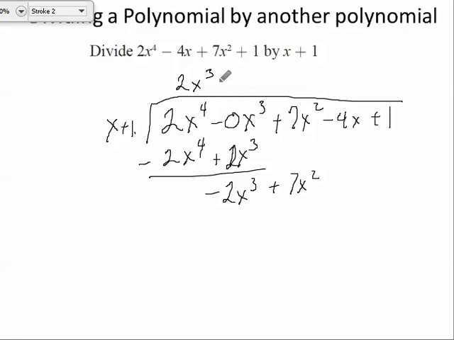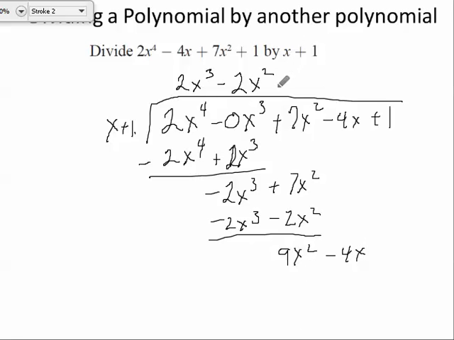So I'm going to have to multiply by minus 2x squared. Why? Because minus 2x squared times x gives me a minus 2x cubed, and minus 2 times 1 gives me a minus 2x squared. I'm going to subtract that. That's going to give me a 9x squared minus 4x.